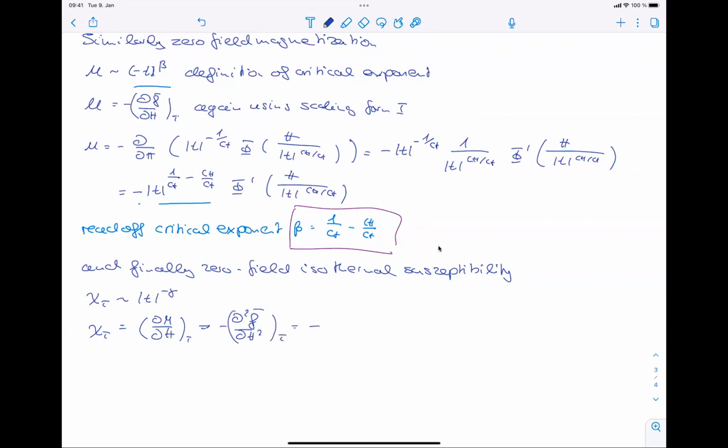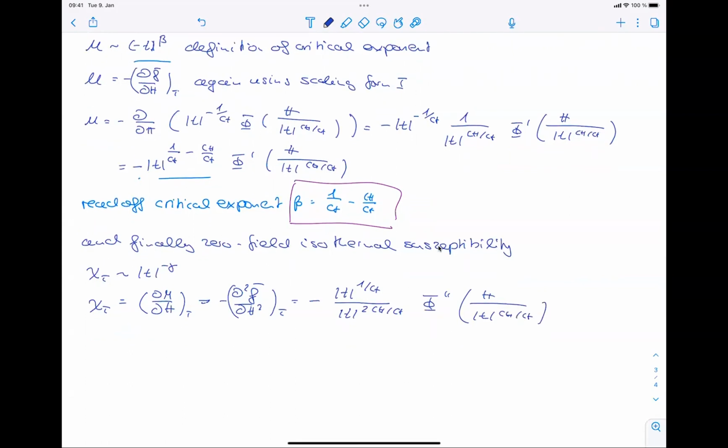And that then gives us a minus t over c_t. And there's a factor of 2 popping up from the second order derivative, which allows us to write this as t to the minus 2 c_h over c_t times the scaling function.